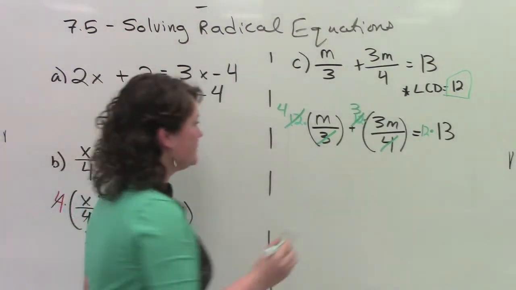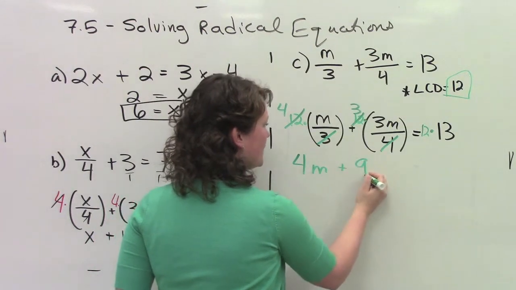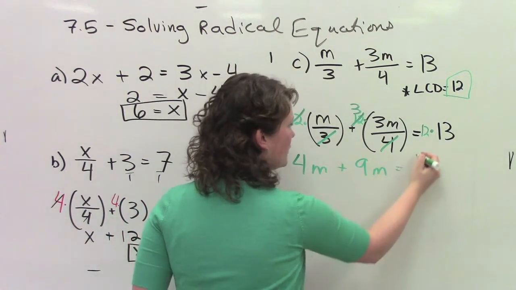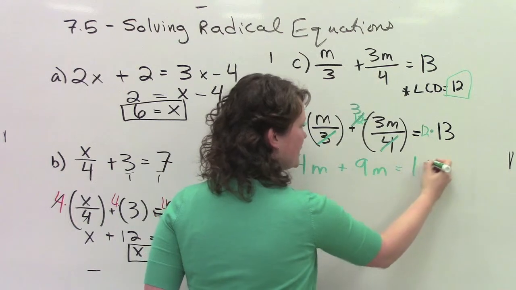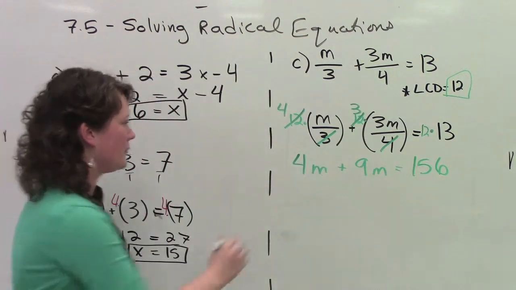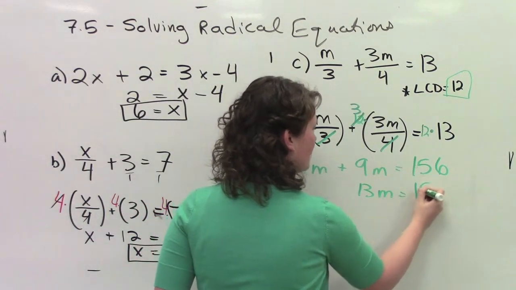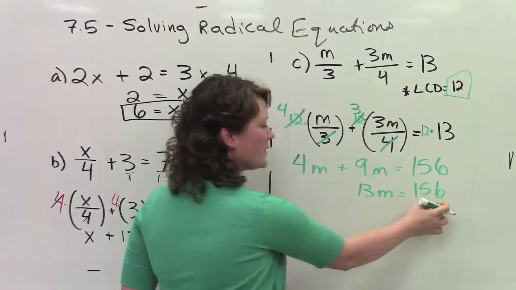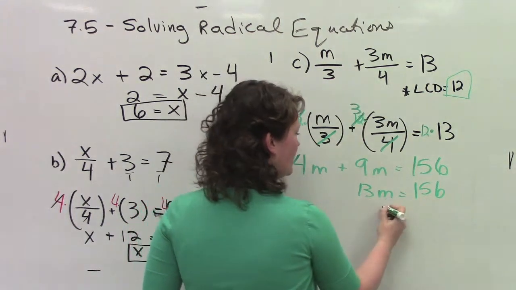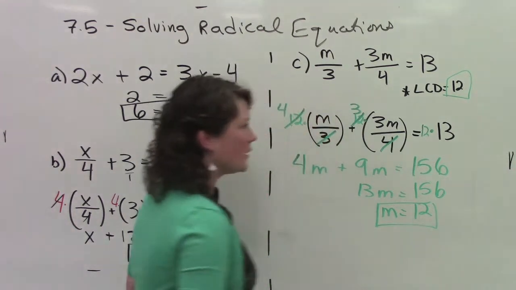So let's rewrite it. 4m plus 9m equals 12 times 13 is 156. 13m equals 156. Divide both sides by 13, and I'm going to get m equaling 12. Put a box around it.